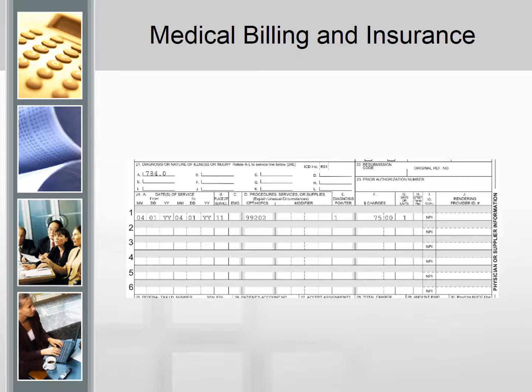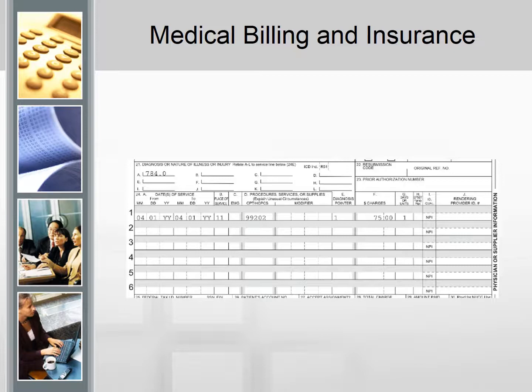So we would list the appropriate letter in Block 21, so A, B, C, etc., depending on what diagnosis pertained to each individual service.